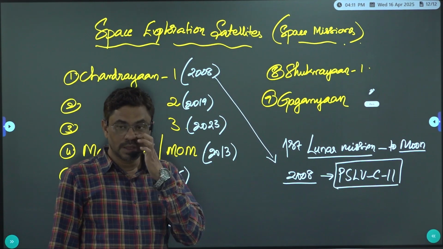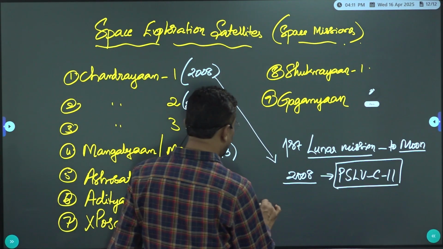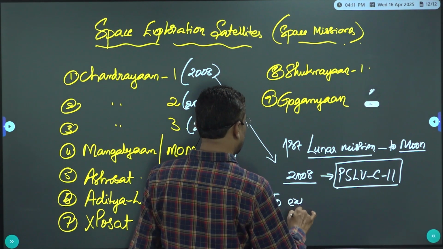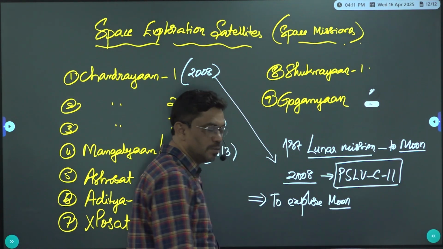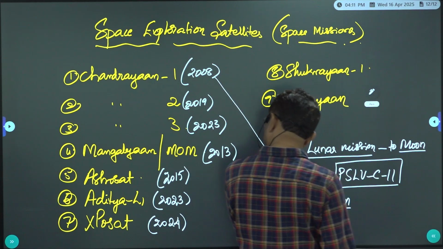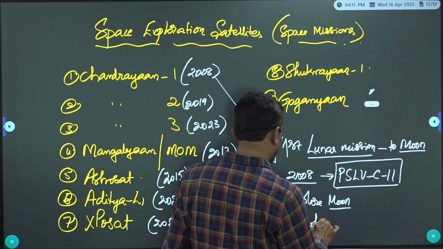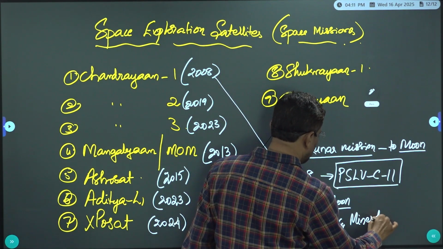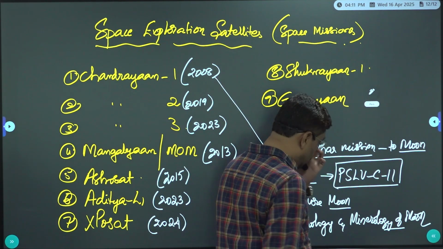The main objective of Chandrayaan 1 is to prepare a 3-dimensional atlas of the moon, and to explore the morphology and mineralogy of the moon.